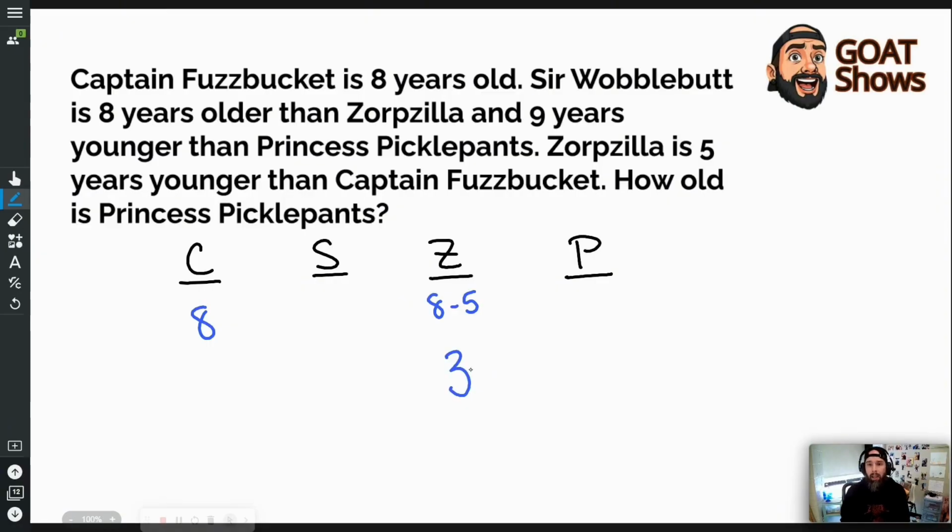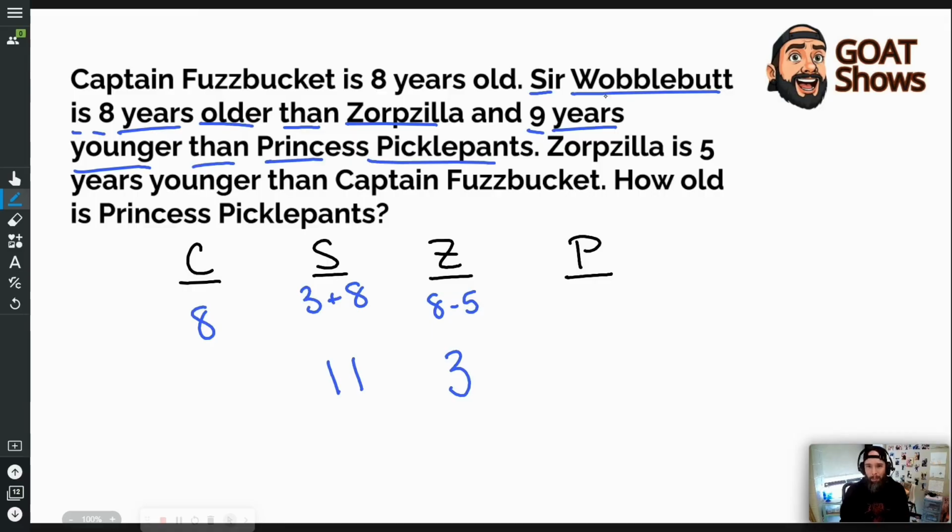Now let's go back because it says here Sir Wobblebutt is 8 years older than Zorpzilla. If Zorpzilla is 3, then 8 years older is 3 plus 8, which is 11. Now I can figure out Princess Picklepants because Sir Wobblebutt is 9 years younger than Princess Picklepants.